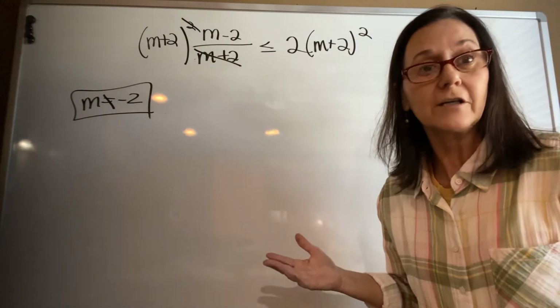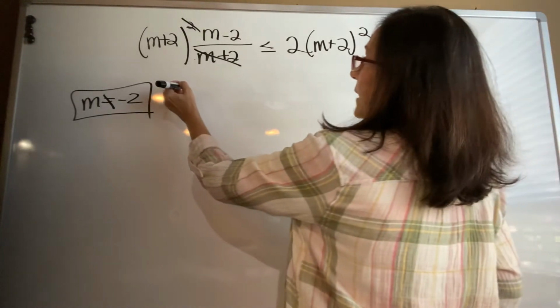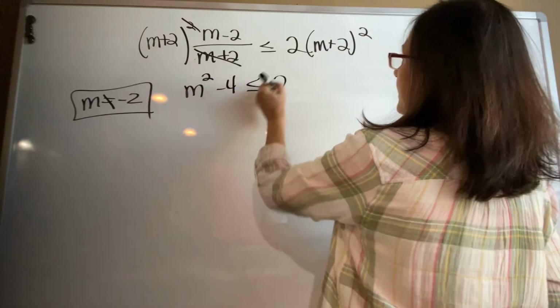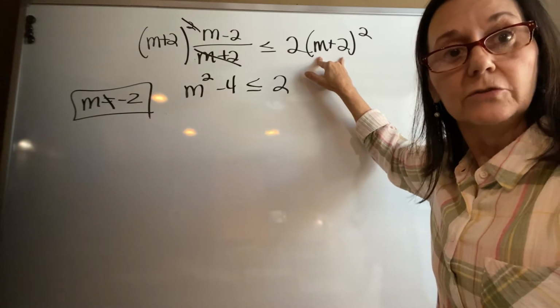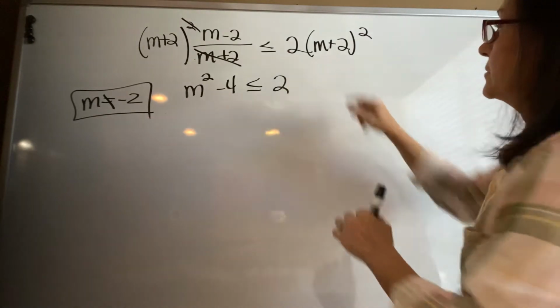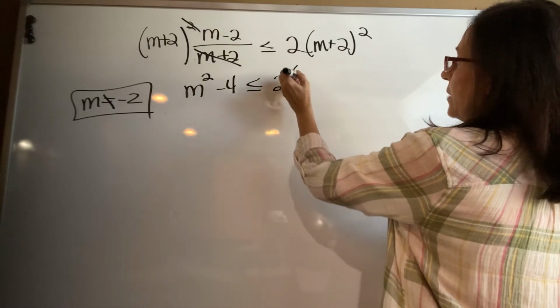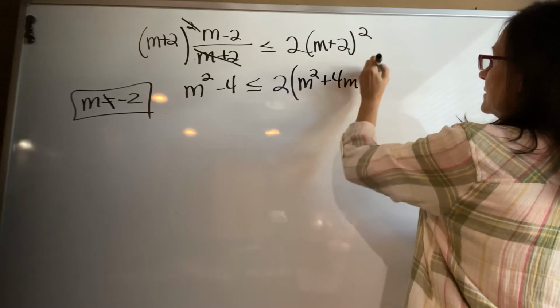They're conjugate terms, so I multiply the first and the last. So I end up with m squared minus 4 less than or equal to. Let me figure out what (m plus 2) squared is: m squared plus 4m plus 4.